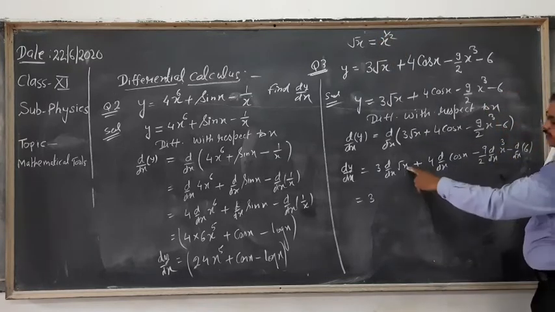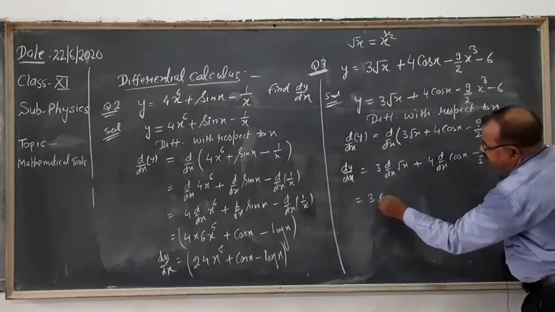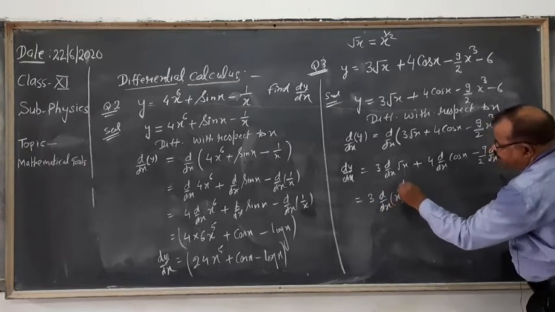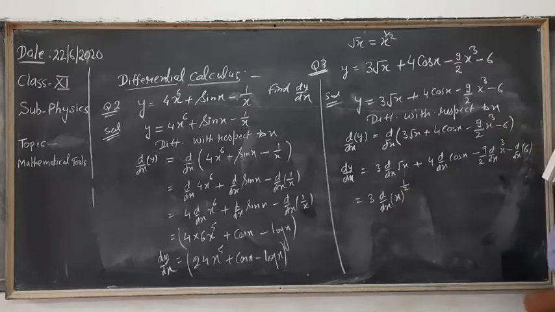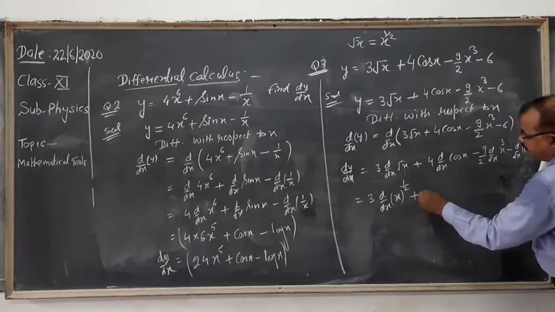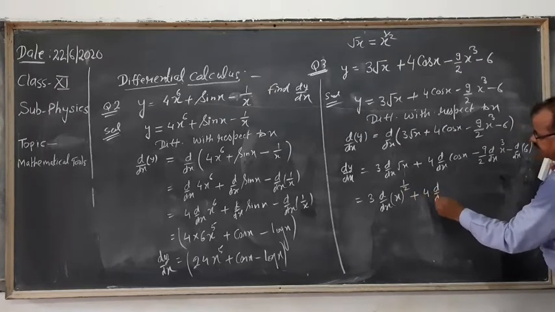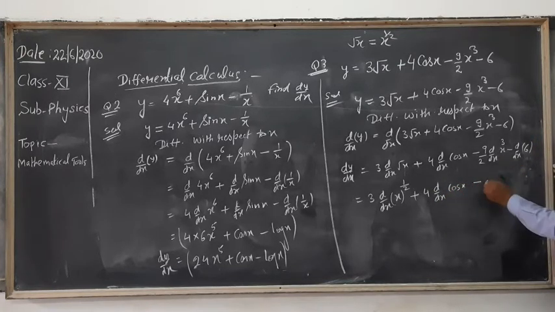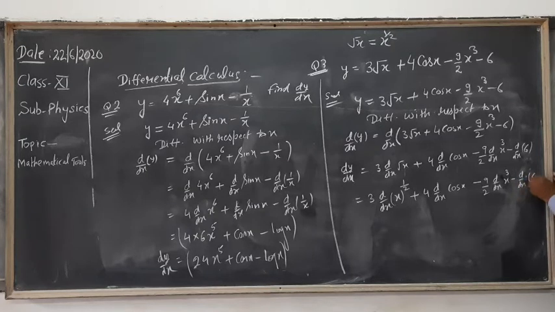So we can write this term like this, x to the power 1 by 2. This is 4 dy by dx of cos x, 9 by 2 dy by dx of x cube, minus dy by dx of 6.